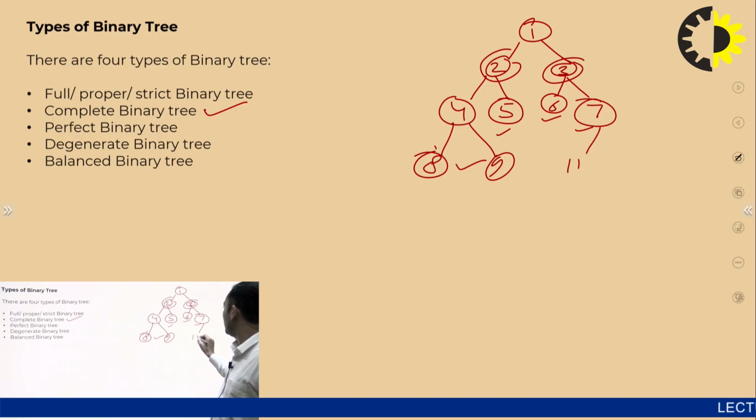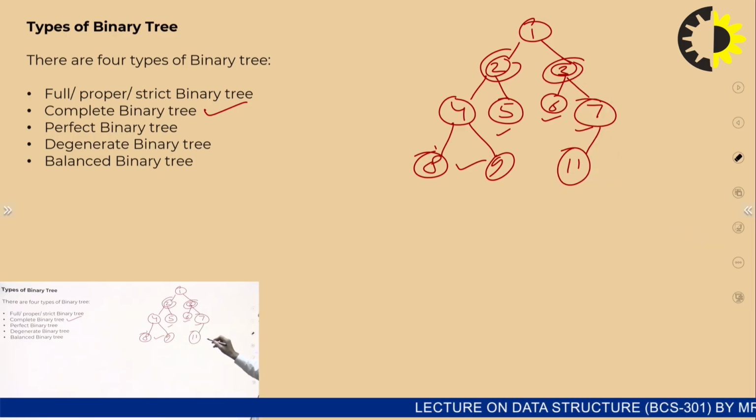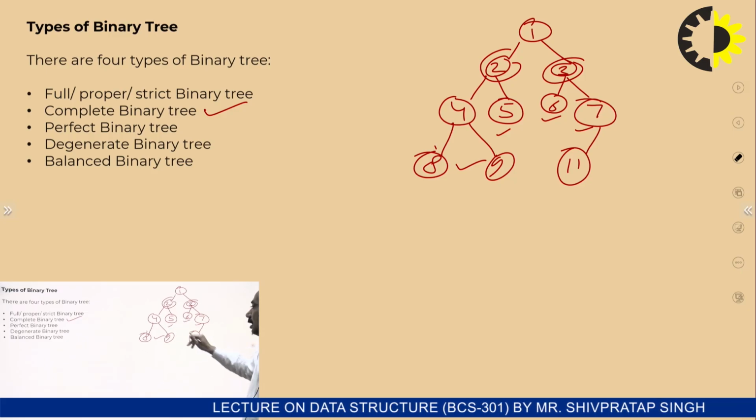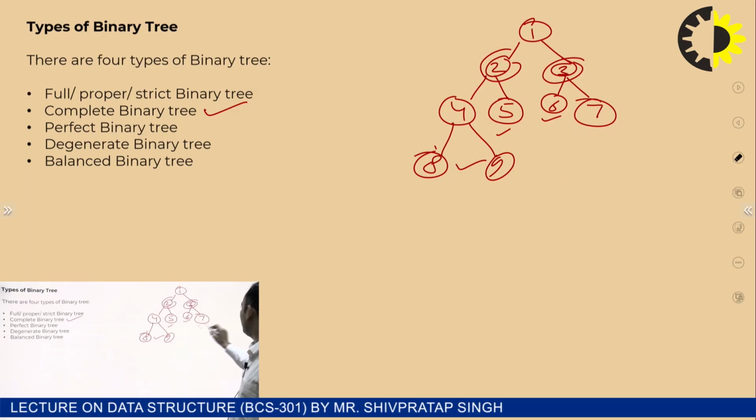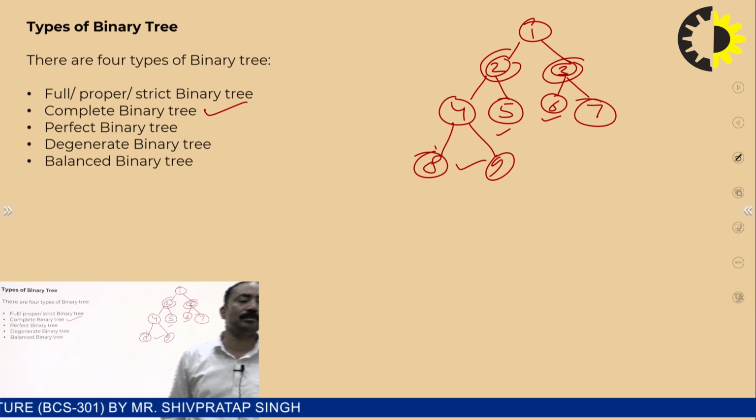But if we do it like this, it can't be a complete binary tree because we must fill the position of 11 at the position of left child of 5. So it violates the property of complete binary tree. So it's an example of a complete binary tree.